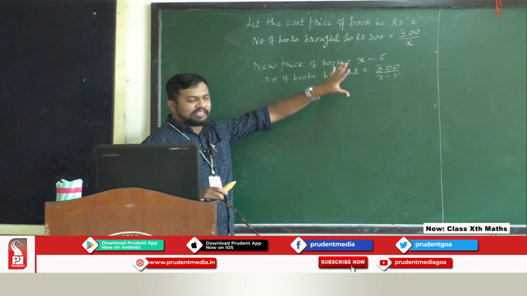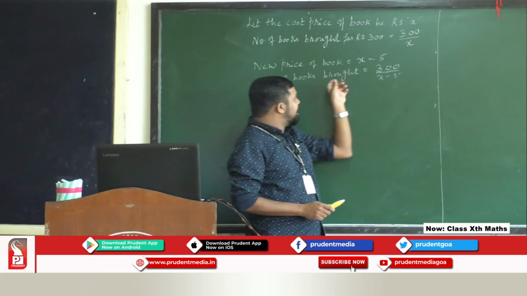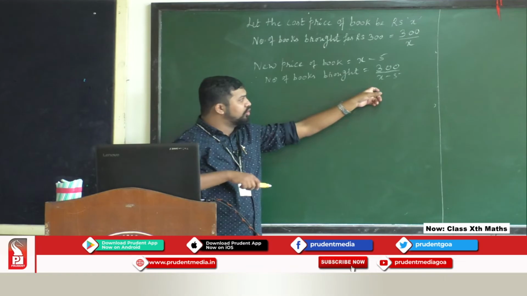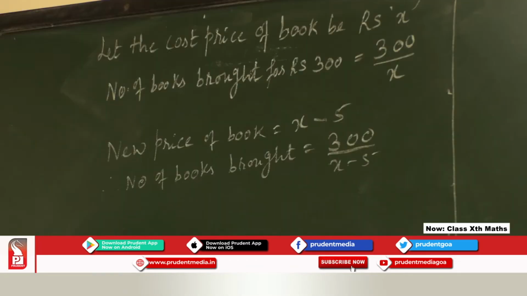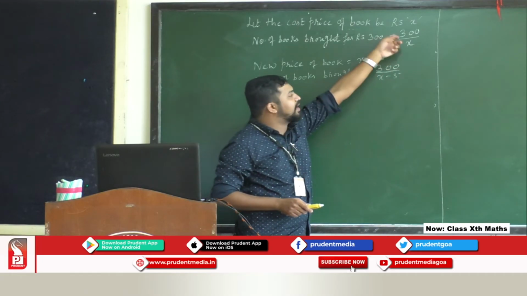So now I have two things. For the old price I can buy 300 by x, and for the new price I can buy 300 by x minus 5. Now you know, if the price of the book is reduced, obviously you will get more books. That means this quantity will be maximum as compared to the previous one.